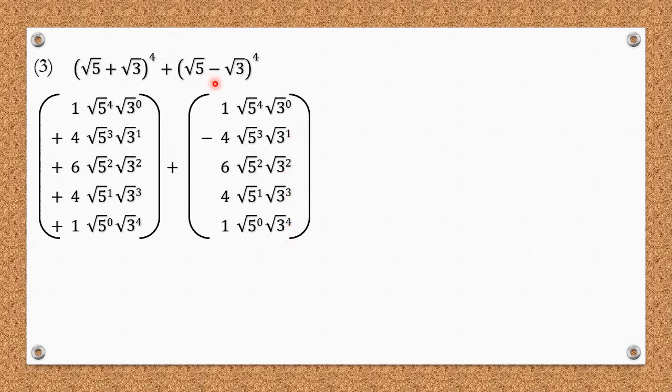And because there is a negative sign in between, first will be positive, then negative, positive, negative, positive. Now once again positive positive are added, positive negative are cancelled. So we are left with 1, 2 and 3 terms, and we will multiply the total of these 3 terms to get the final answer.